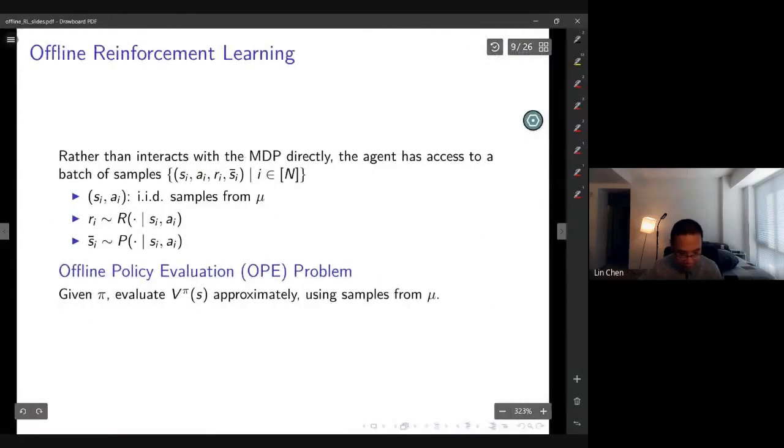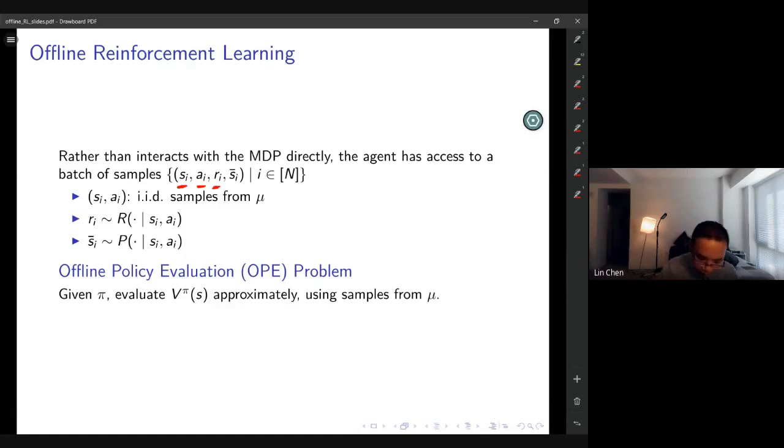Okay, and in offline reinforcement learning, rather than interacting with the MDP, Markov decision process, directly, the agent has access to a batch of samples, which is Si, the state, and Ai, the action that the agent takes, and Ri, the corresponding realization of the random reward, and Si bar, which is the next state.